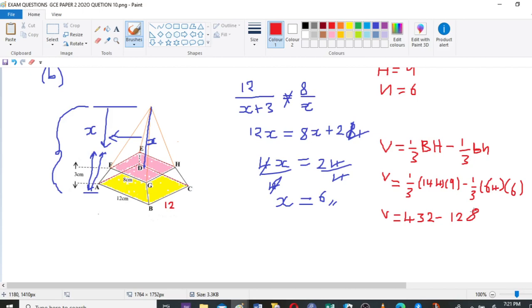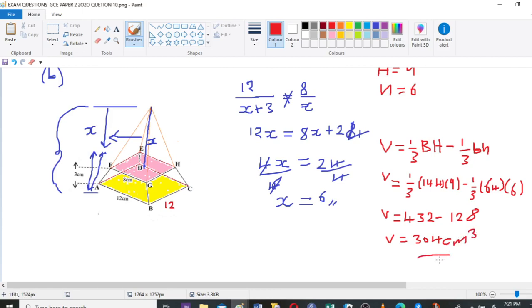Just make sure you use your calculator to be sure. You can confirm that, and you should have your volume to be 304. Now our units are in centimeters cubed.